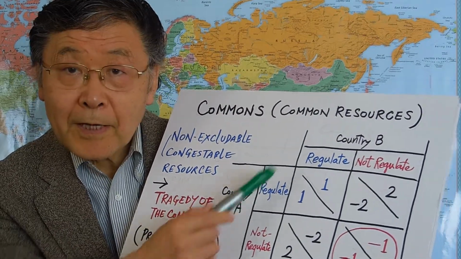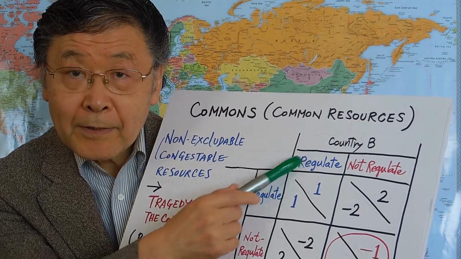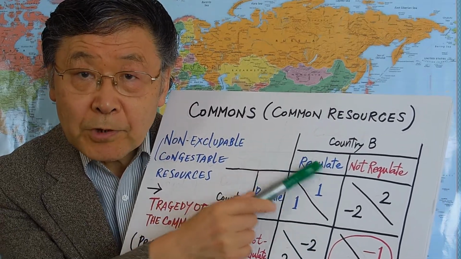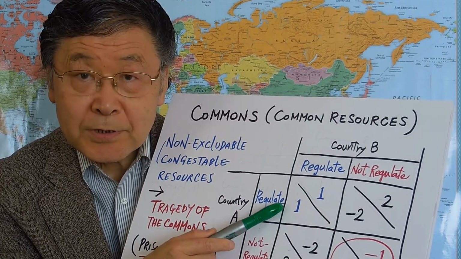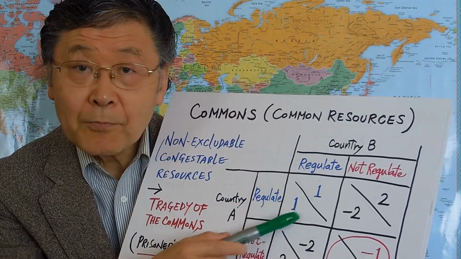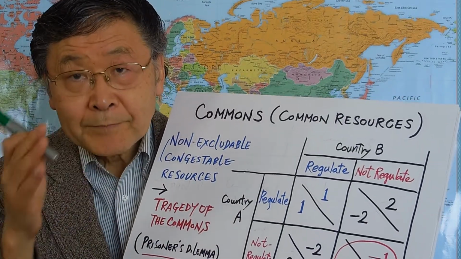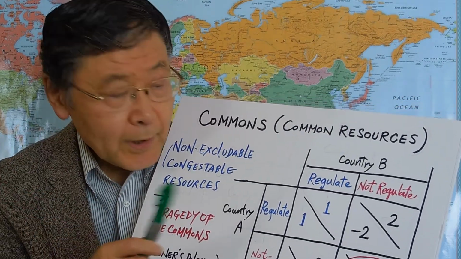Now, if they get together to regulate the pollutants or the greenhouse gas emissions, they will both benefit by maintaining a reasonable level of air quality.